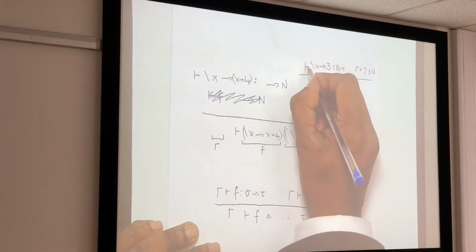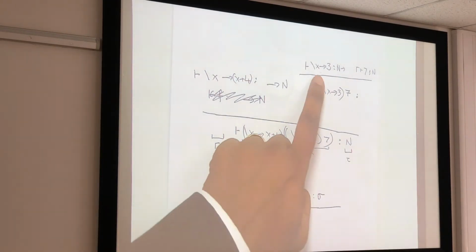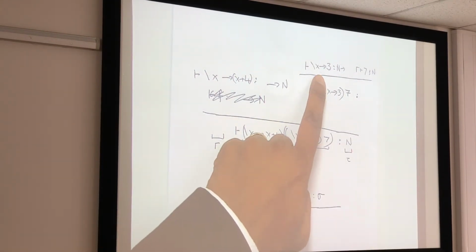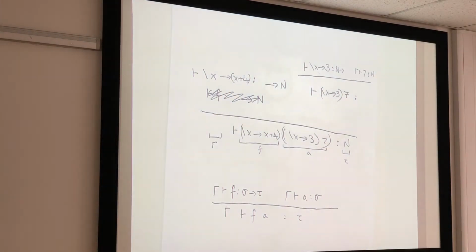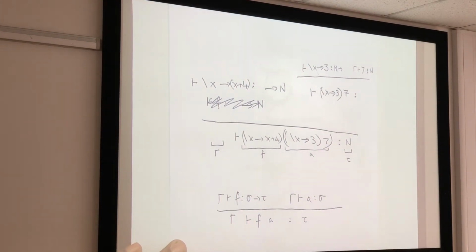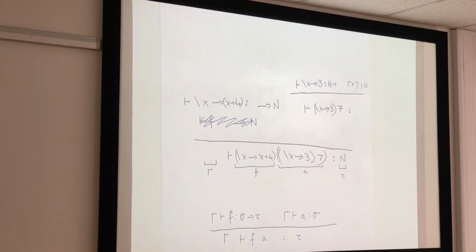Okay? Now, how do I work out the type of this function? Or indeed, how do I work out the type of this function? I need the rule for functions. So I'll write that down for you, and I'll try and get on the same page. I'll write it here.